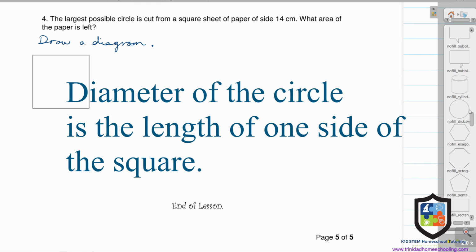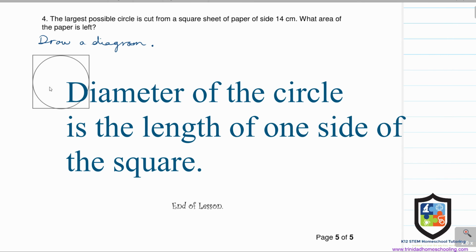Now, the diameter of the circle is going to be one of the lengths of the square. So this circle here is fitting evenly. If it's not looking exactly fitting inside of this square here, you can use the imagination, right? So this is the largest possible circle. Now if I look at where my diameter is, it's going to be from one end of the circumference to the next end.